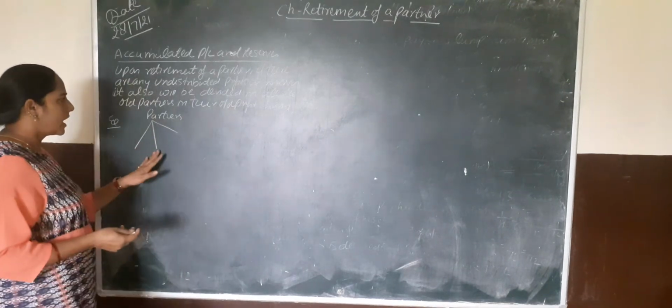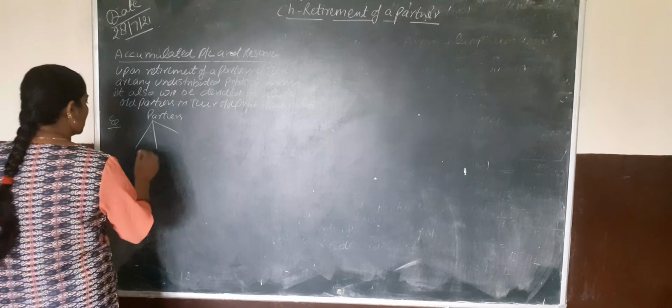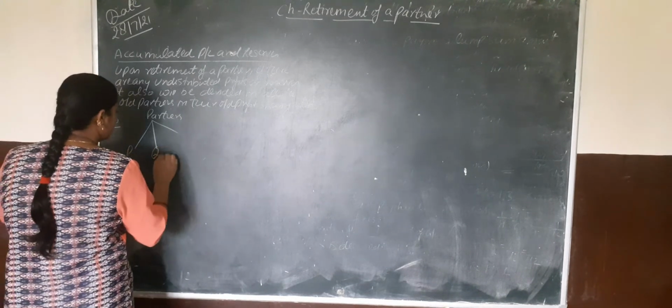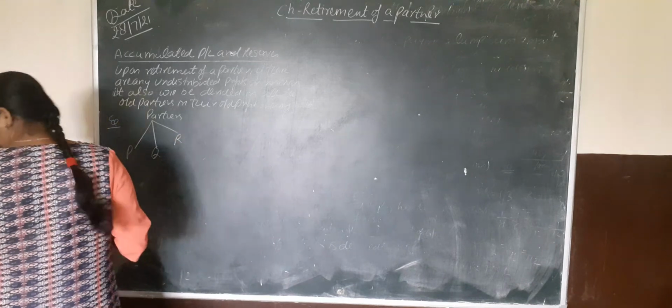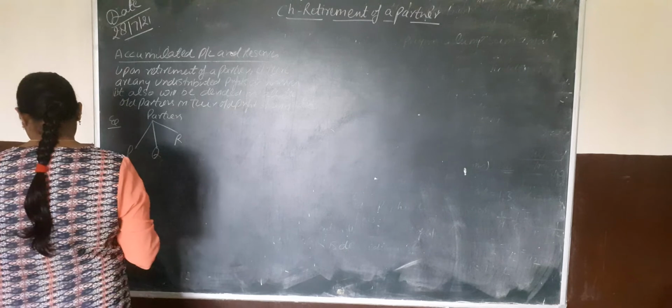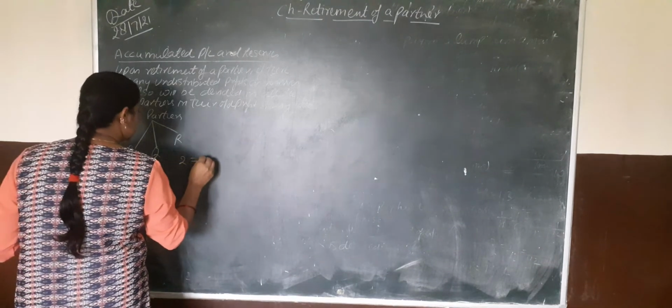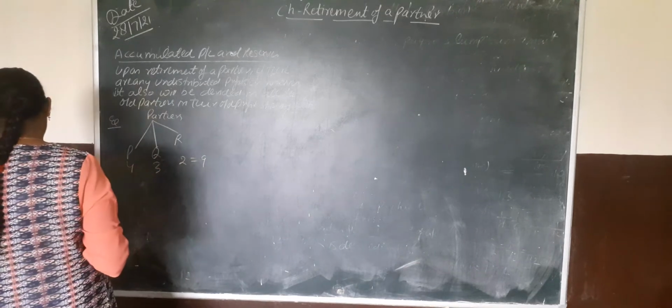I have solved a question. Children, suppose the question has partners P, Q and R. Their profit sharing ratio is 4:3:2, so the total ratio is 9.